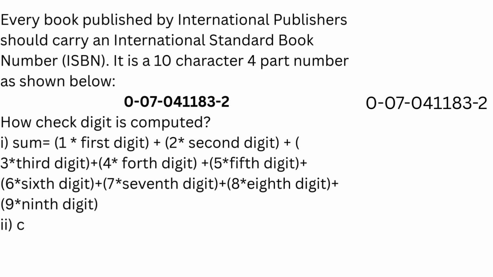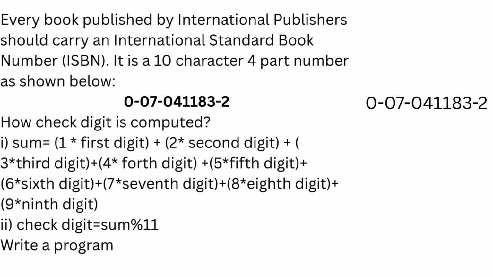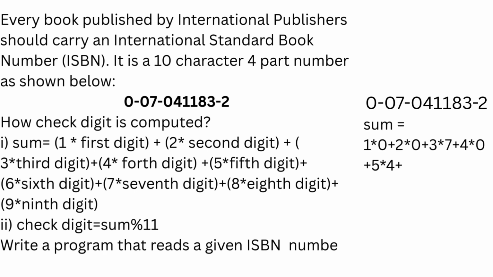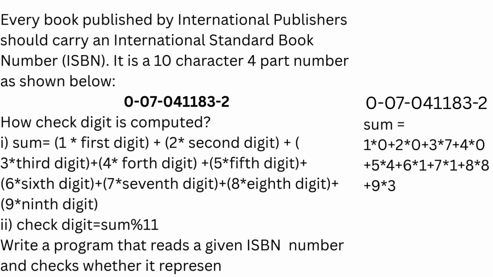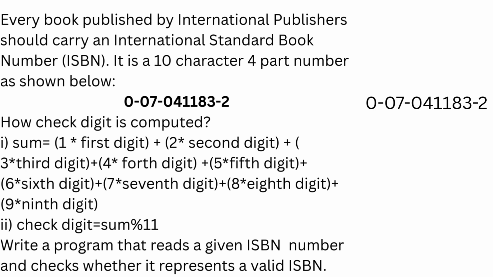At first, we need to multiply the first digit by 1, then the second digit by 2, up to the 9th digit by 9. Then we sum those multiplication results into a variable named sum. After calculating, the sum will be divided by 11 and the remainder will be the check digit.